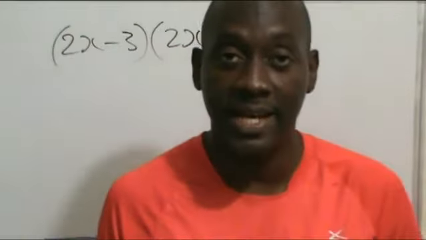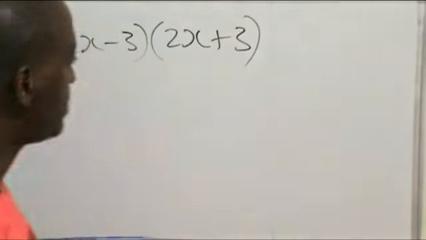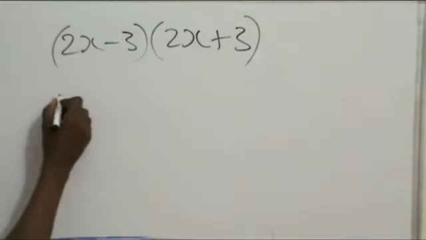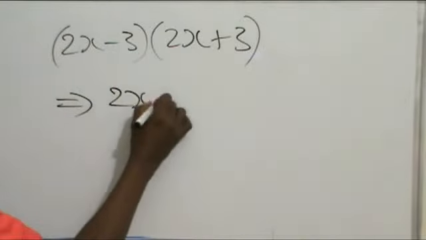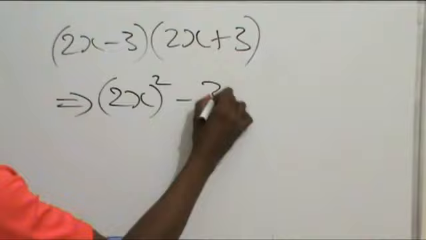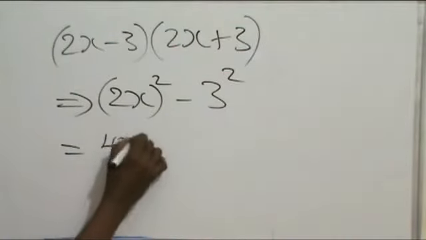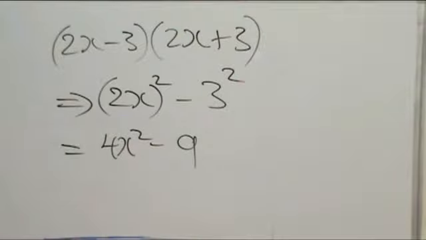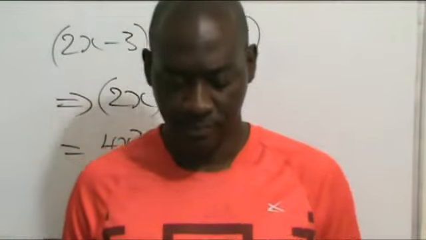You have a plus sign and you have a minus sign. Same entities. 2x plus 3, 2x minus 3. This will simply be, watch it now, next line. 2x squared minus 3 squared. 2x squared is equal to 4x squared minus 9. End of discussion. No such a long talk there.